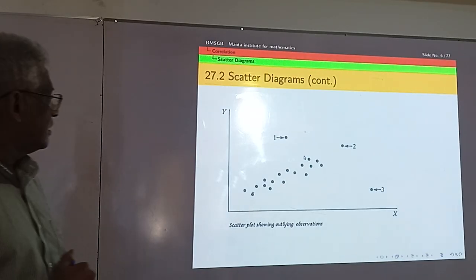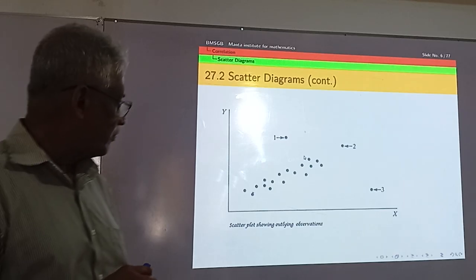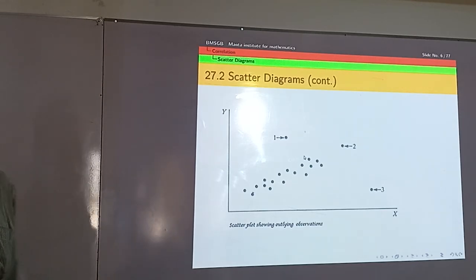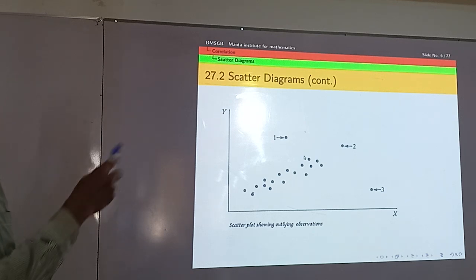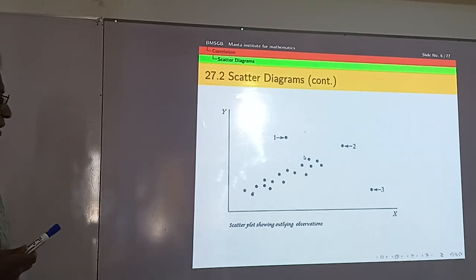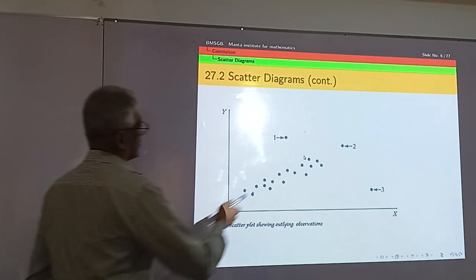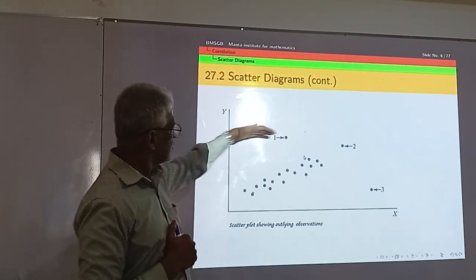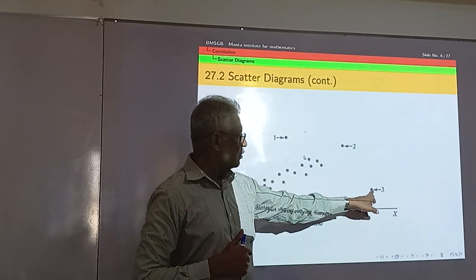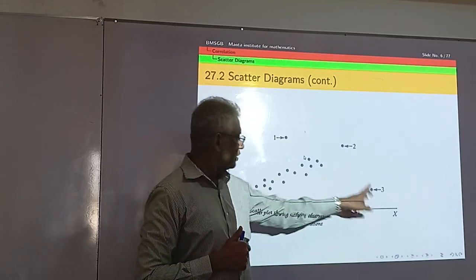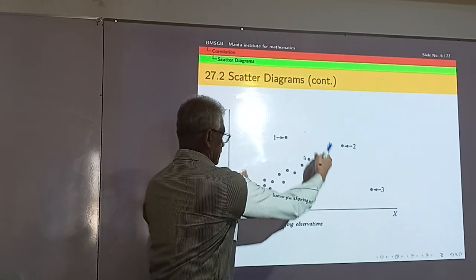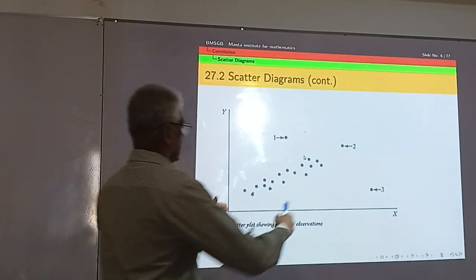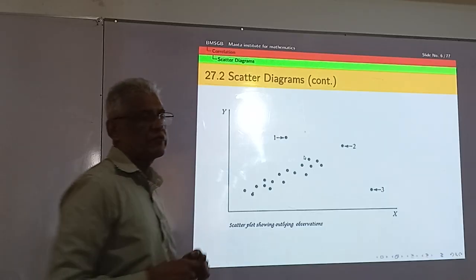In addition to that, another advantage of having a scatter plot is you can explore whether there are outliers, right? So for example, in this graph there are three outliers. This observation is outlying with respect to its y values. This observation is outlying with respect to x value, because this is the general range for the bulk of x values.